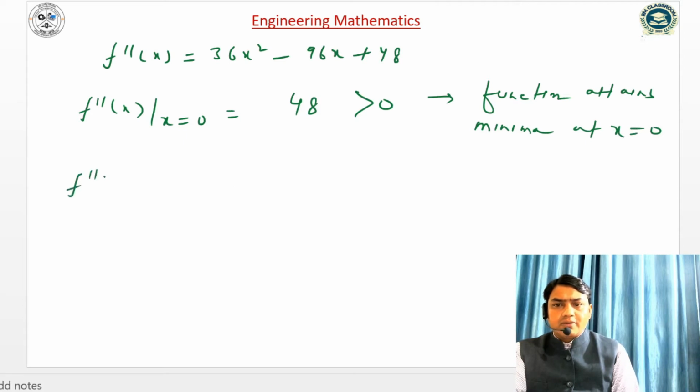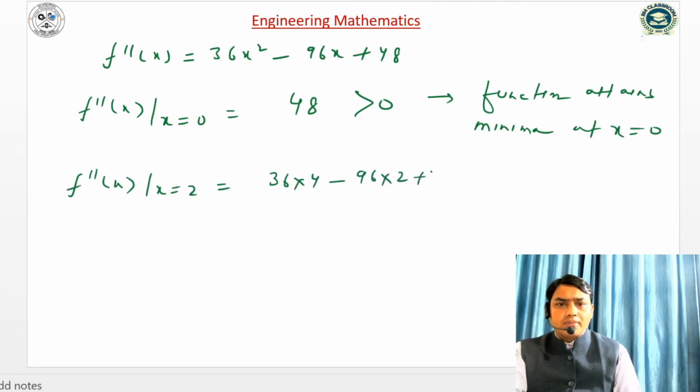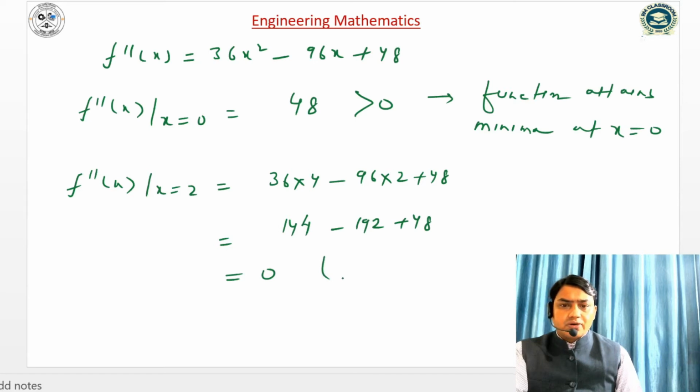Similarly, f double dash x at x is equal to 2 is 36 into 4 minus 96 into 2 plus 48. So it will be 144 minus 192 plus 48. So it will be 0, which means this is the saddle point or inflection point.